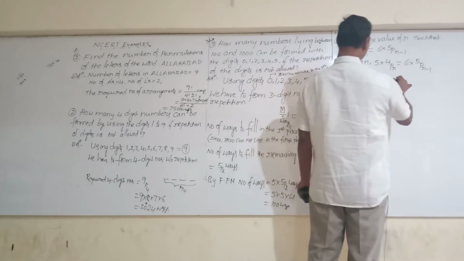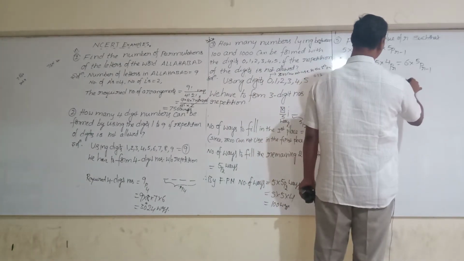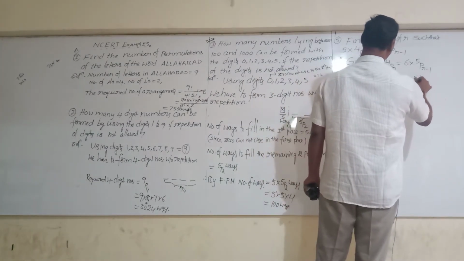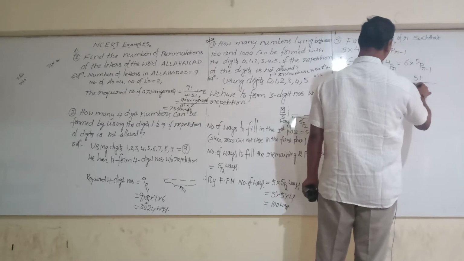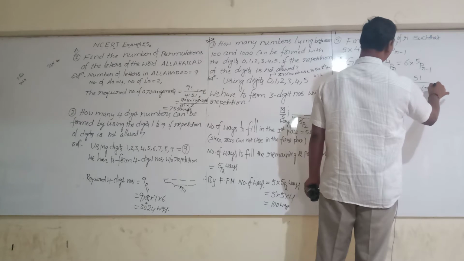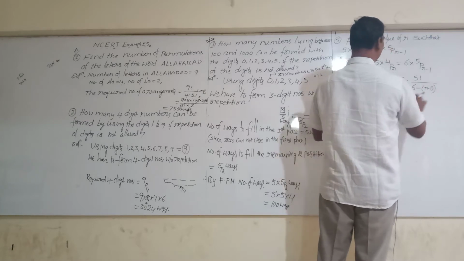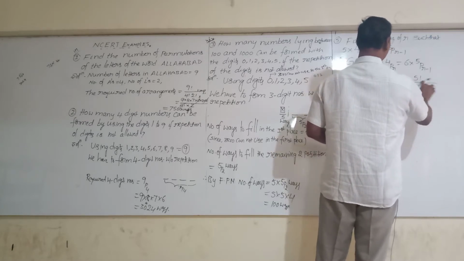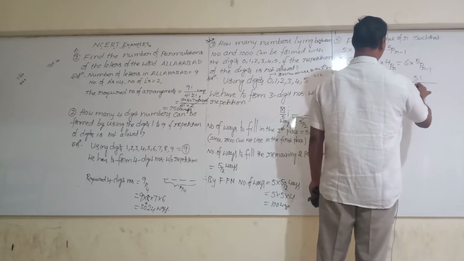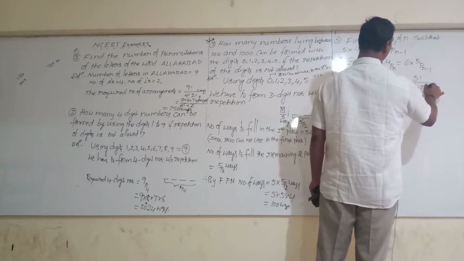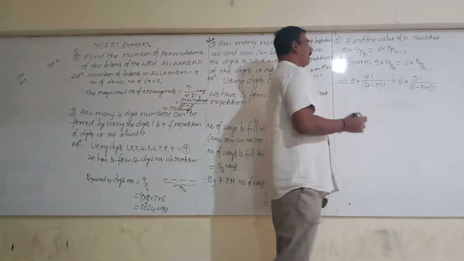So it is equal to 6 into 5 factorial upon 5 minus (r minus 1) factorial, that is 6 minus r factorial.